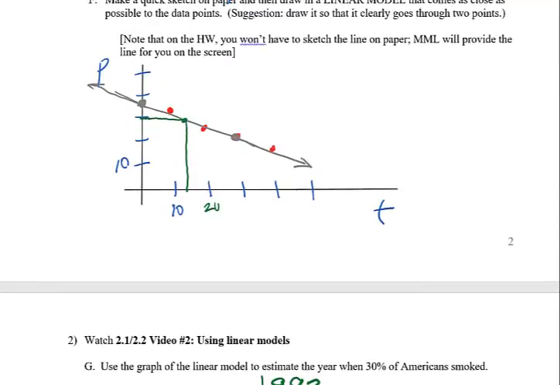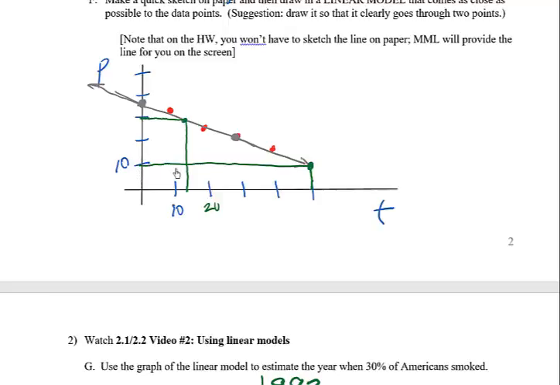When I go back to my graph, I can look up T equals 50: 10, 20, 30, 40, 50. I can go up to my model. It just barely hits there on the edge. I can then go across to the P-axis. And again, I know my picture isn't perfect, but it looks like I'm hitting the P-axis around 10.